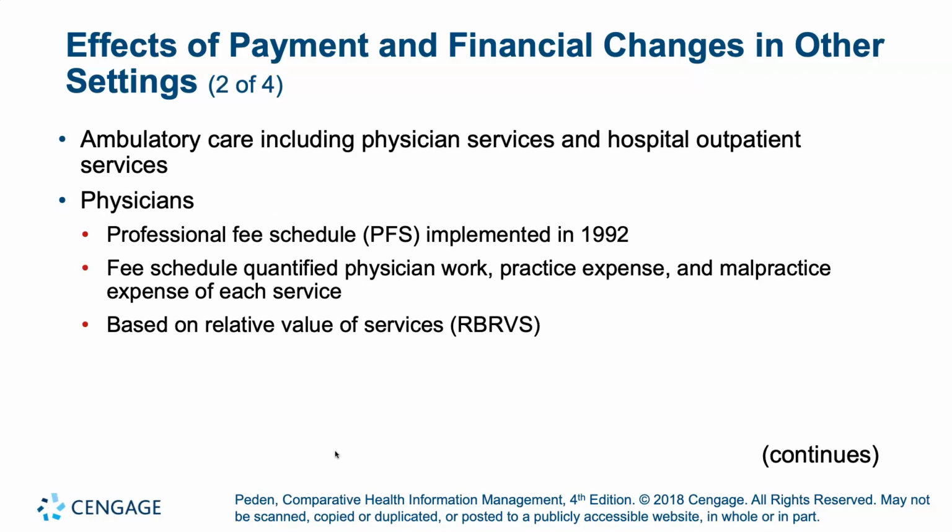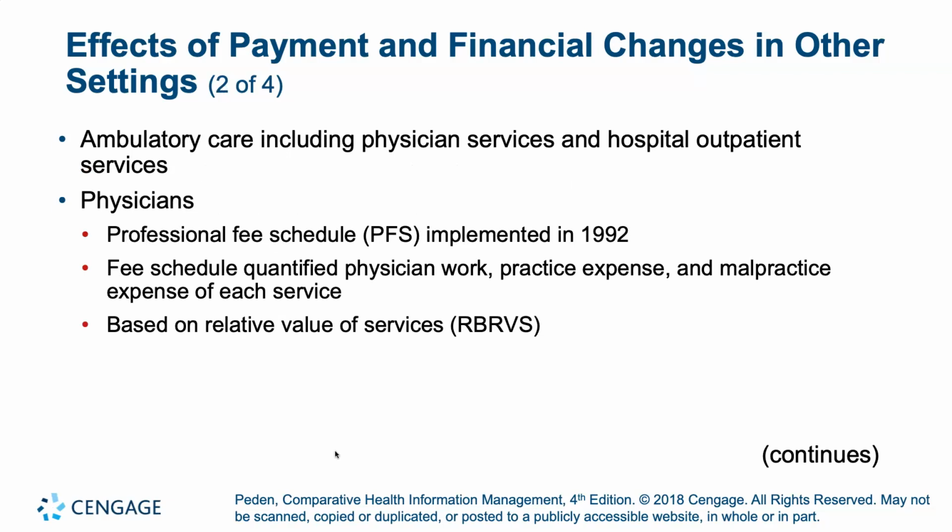So ambulatory care, talk about physicians. Let's narrow it down to physicians. They were originally a professional fee schedule, and that looked at the physician's work, their practice expense, malpractice expense, and then developed something into what was called RBRVS.